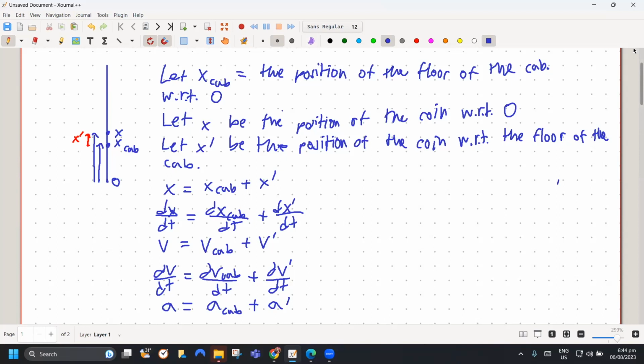So A is what? The object is in free fall, so A is negative 9.8 meters per second squared. Now, inside the cab, you see the object at constant velocity, so A prime is 0. So what can you conclude about the acceleration of the cab itself? What is the value of A cab?